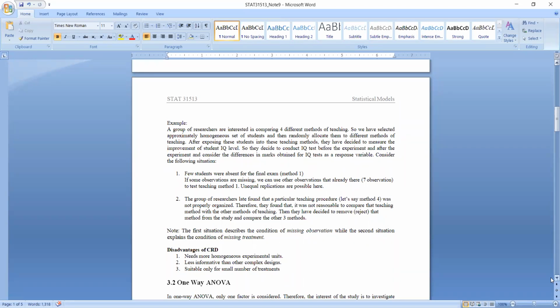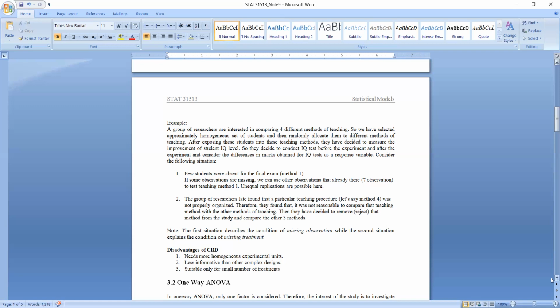So in a practical situation, if you're really going to conduct this type of experiment, what we do is, if we are going to a university, we can take a random sample of students from the same batch. So we assume that all of them have the same IQ level, but there may be variations between students.